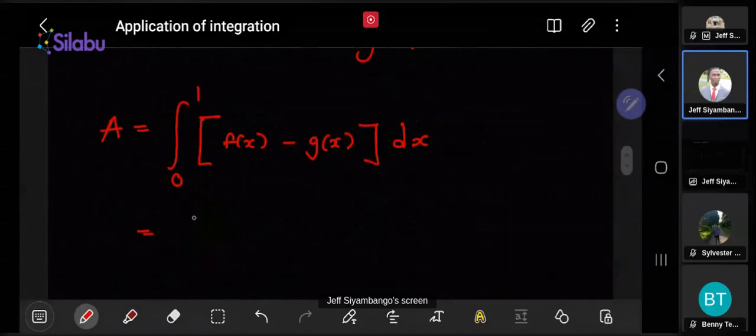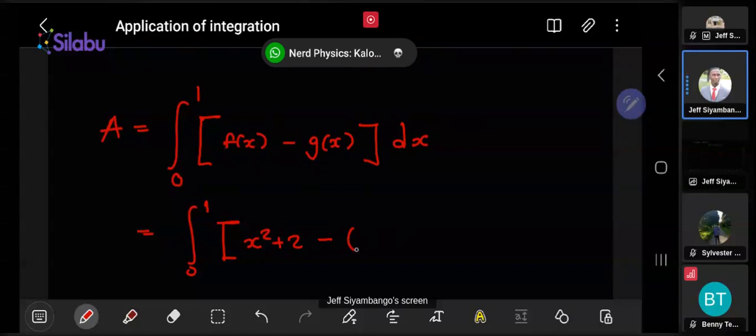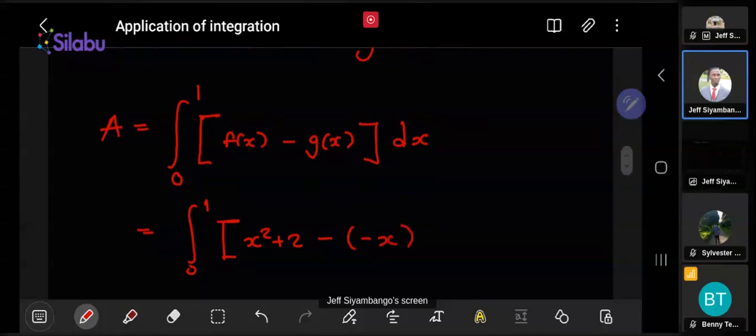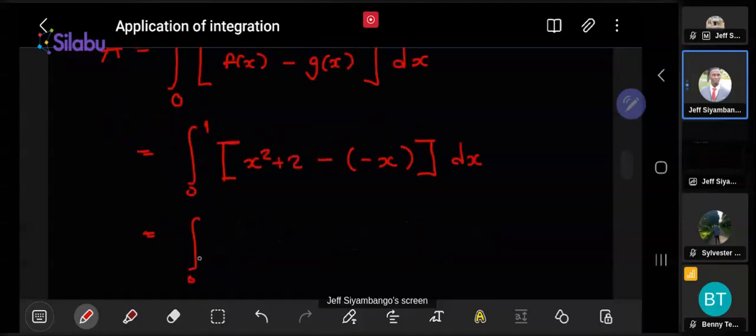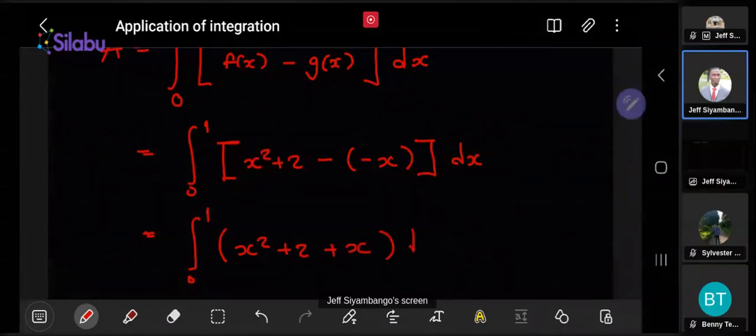We sum this up from 0 to 1. What is our f of x? It's x squared plus 2, then minus our g of x. g of x is minus x, dx. So this becomes the integral from 0 to 1 of x squared plus 2 plus x dx.